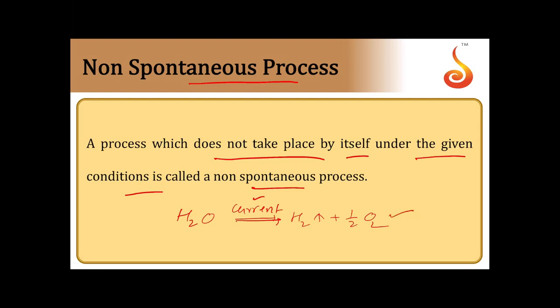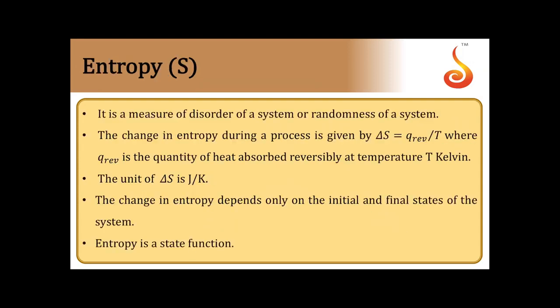Means the process takes place as long as driving force exists. When we withdraw the driving force, say for example current in this case, the process will not take place. So a process which requires a continuous driving force is called non-spontaneous process.